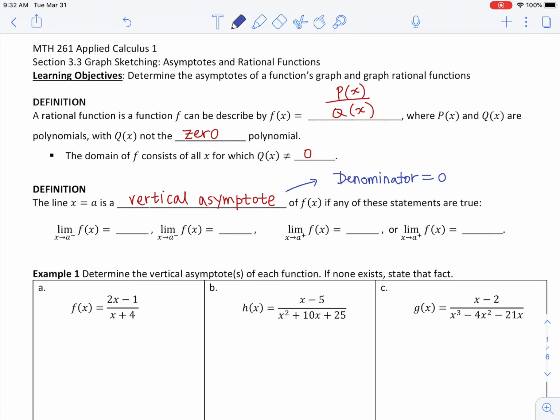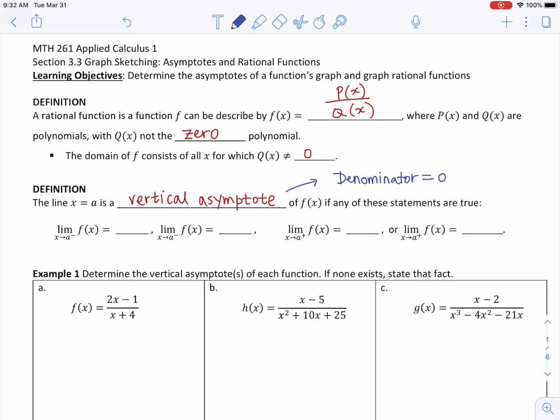But there is something else called a hole. A rational function may have a hole, and we'll look at a graph together. I have a Desmos app on my iPad, so I'll be able to graph one with you and see how it's really not a vertical asymptote, even though it is a zero of the denominator. So we'll look at those cases.